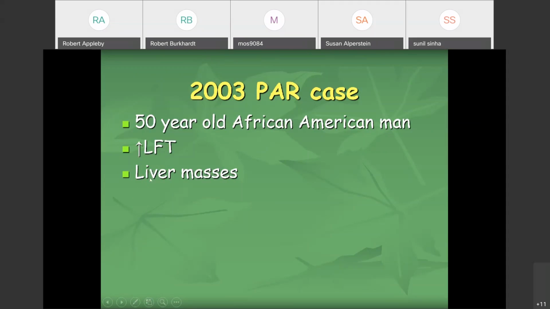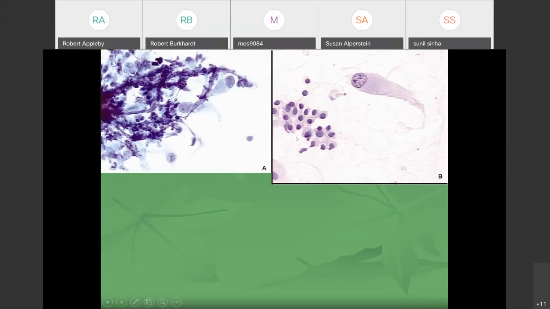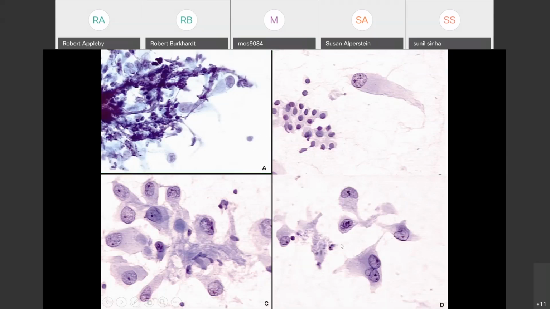The thing is, he looked like he has metastatic disease, yet he looked healthy. What's going on? And the FNA shows this, after our ultrafast biopsy, have this weird cell. Very strange. Very interesting.